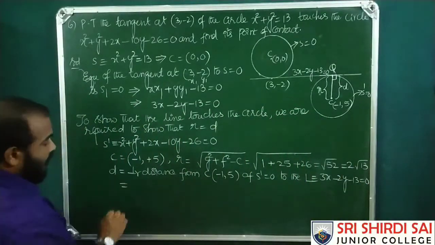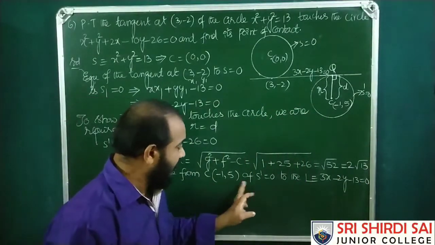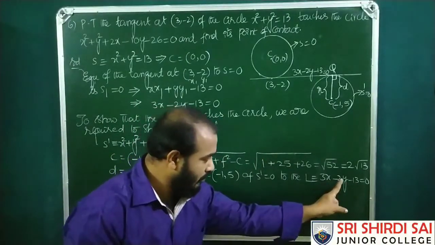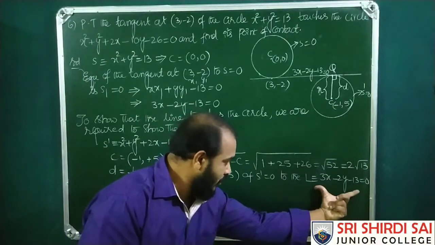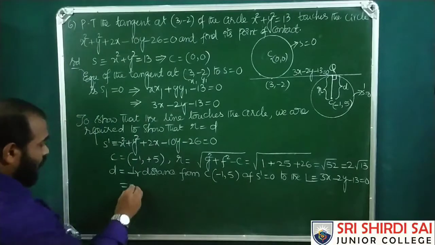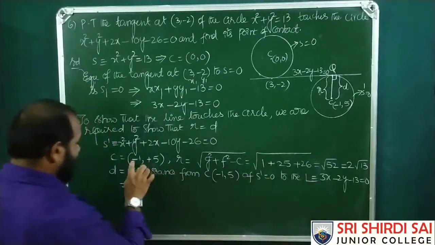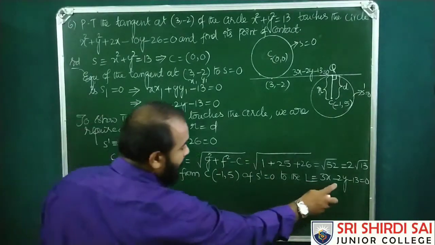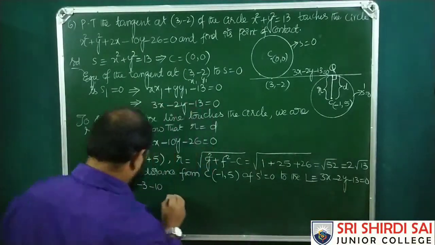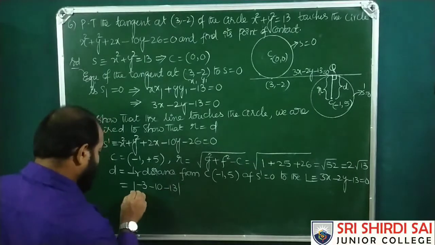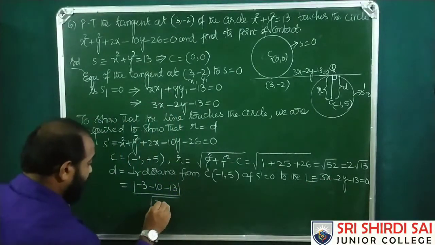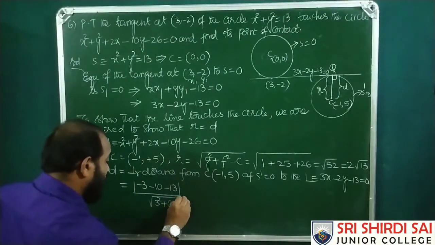So by the perpendicular distance formula, for a point (x1, y1) and line ax + by + c = 0, the distance is modulus of (ax1 + by1 + c) divided by the square root of (a square plus b square). So modulus of (3 into -1 - 2 into 5 - 13) by the square root of (3 square plus (-2) whole square).